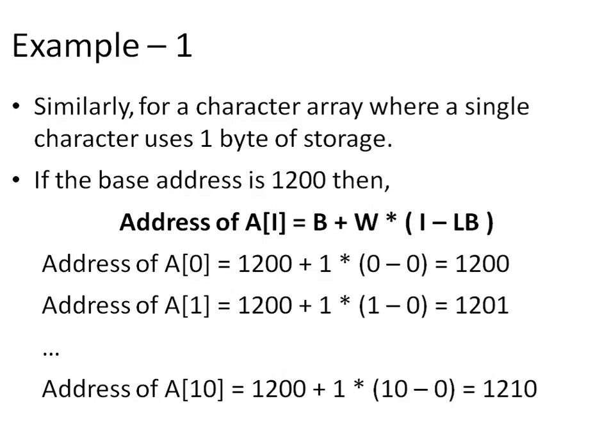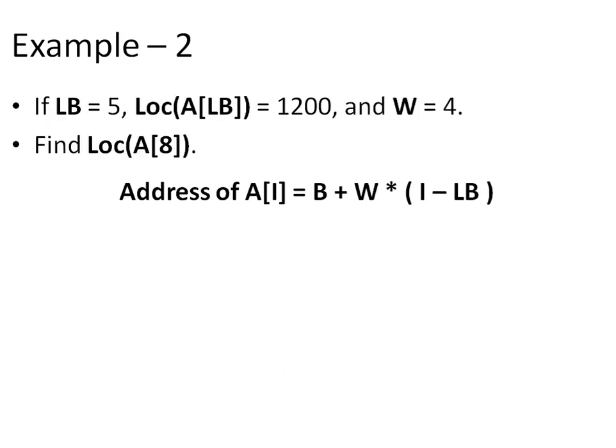Base address B is given as 1200, and since we are dealing with characters, the number of bytes required to store a single element, that is W, has to be taken as 1. By putting different values of I as 0, 1 and 10, we get the corresponding addresses as 1200, 1201 and 1210.